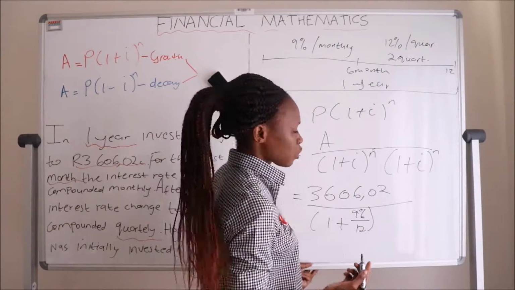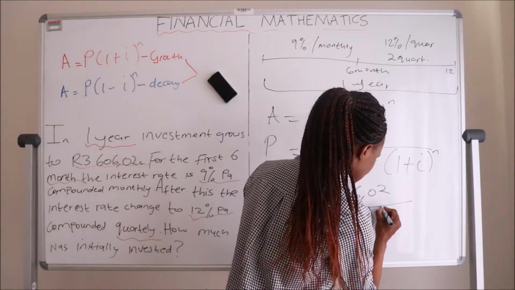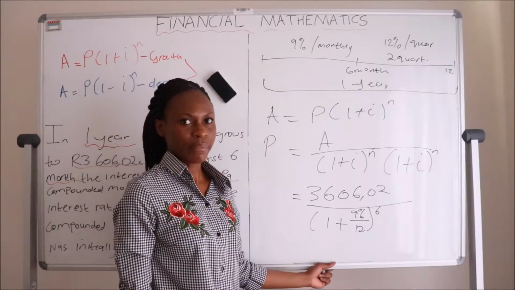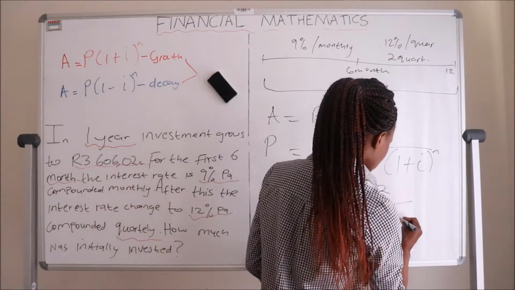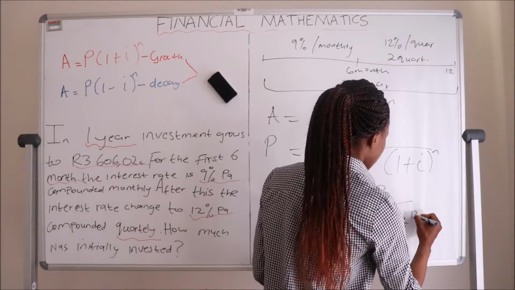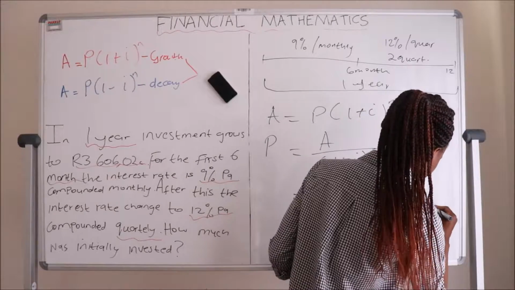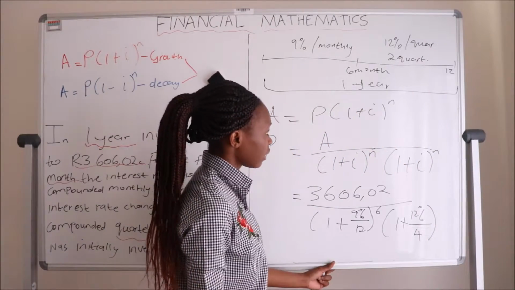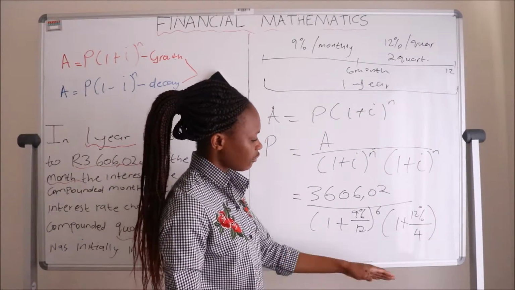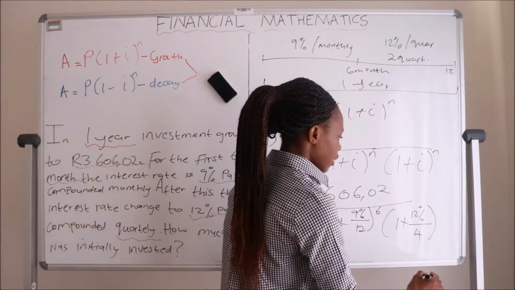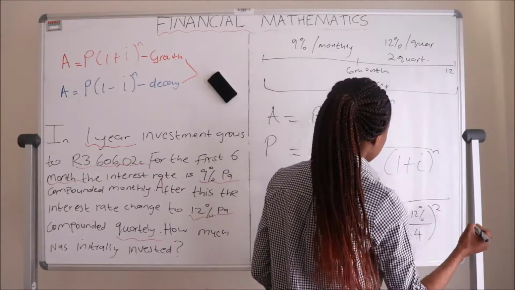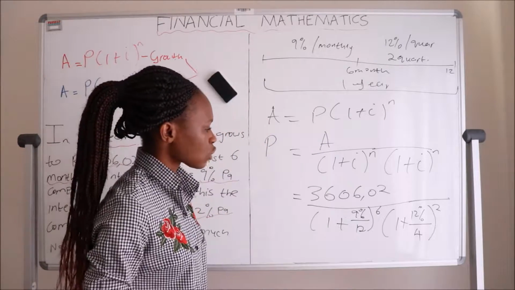That is what it was for the first 6 months, that means that the period is 6 months there. Then going forward, the interest rate changes to 12%, compounded quarterly. That means that we have to divide by 4, and the investment will only stay for 2 quarters, because in the last 6 months of the year it's only 2 quarters.